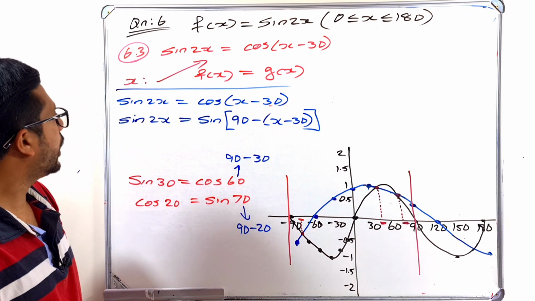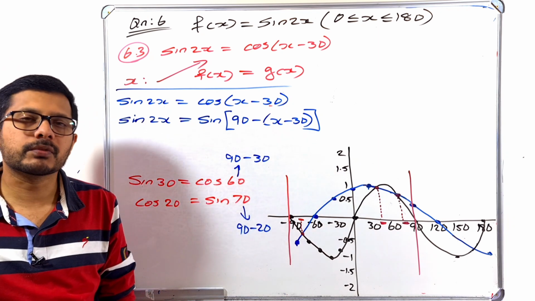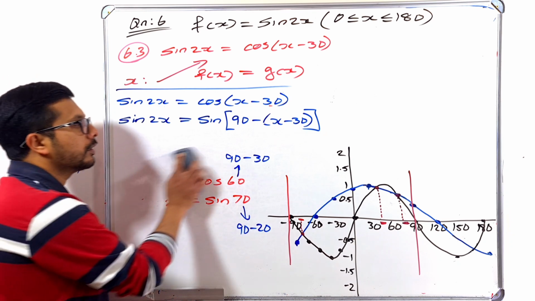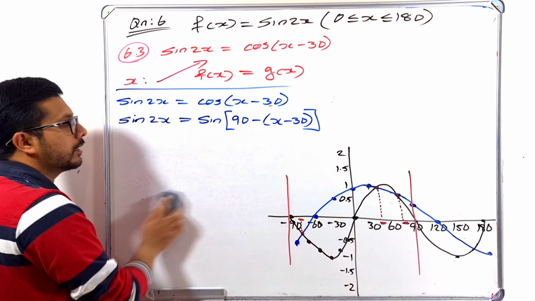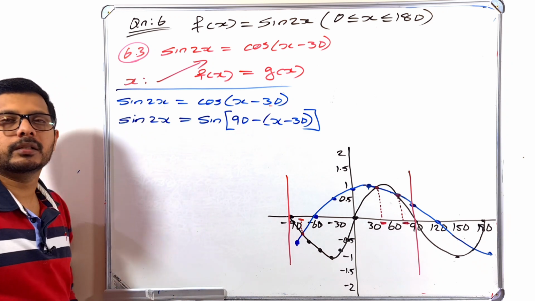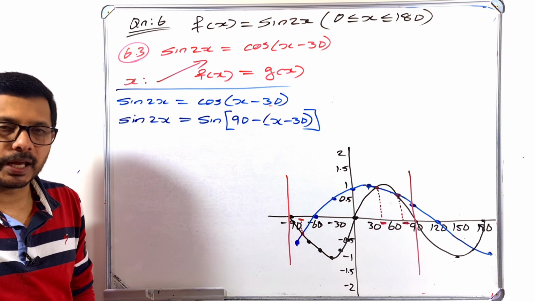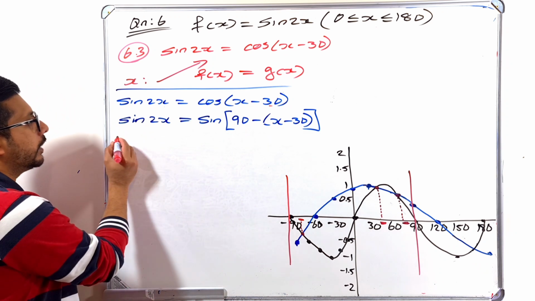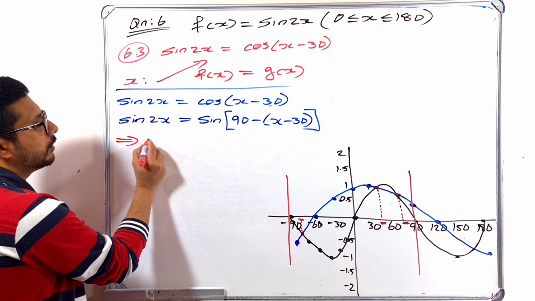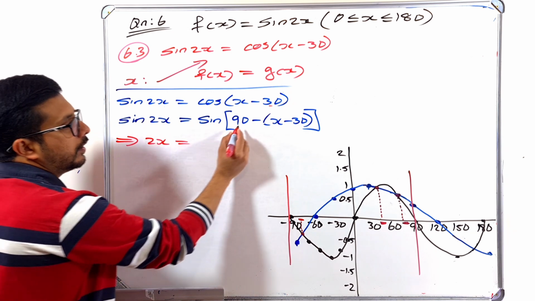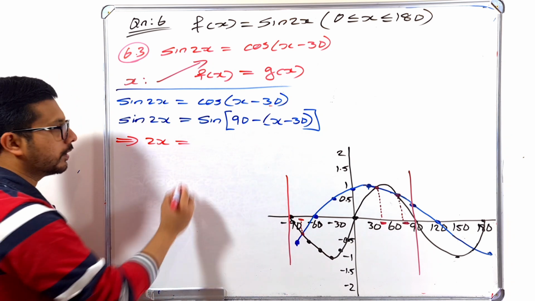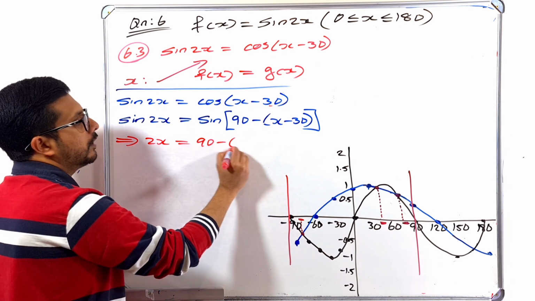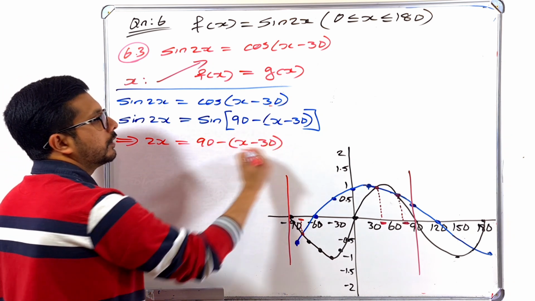So now look at this, both the left side and right side are sine. So what can we write? If both sides are the same trigonometric function, then we can equate the angles. So it implies that 2x is equal to 90 minus x minus 30.